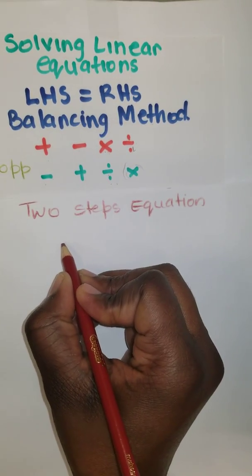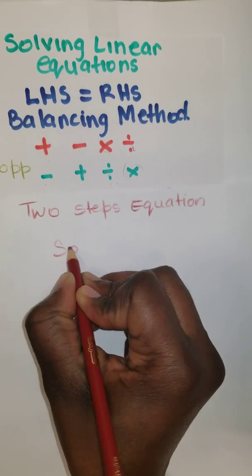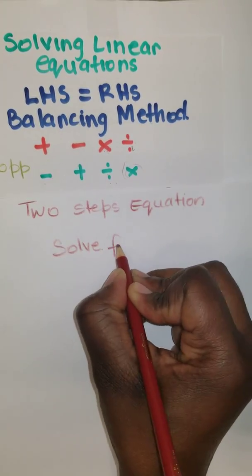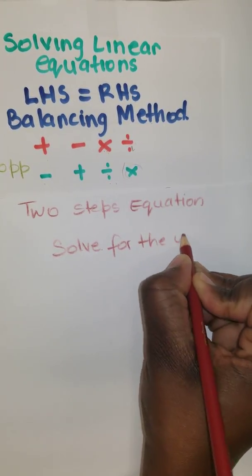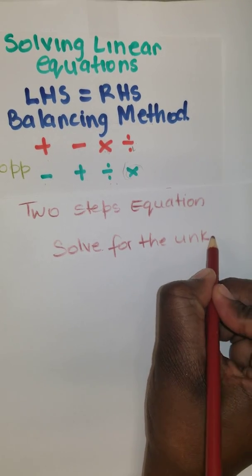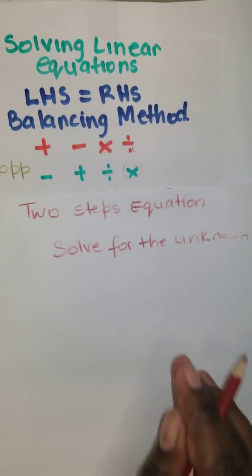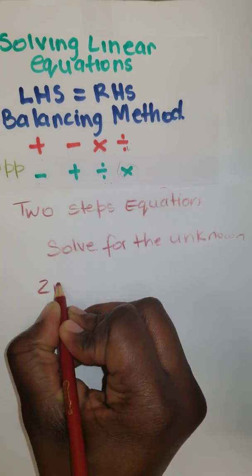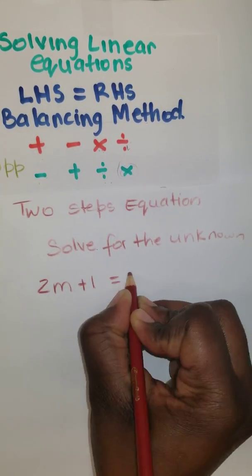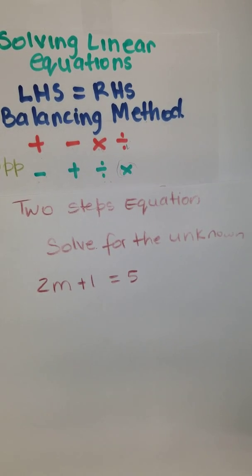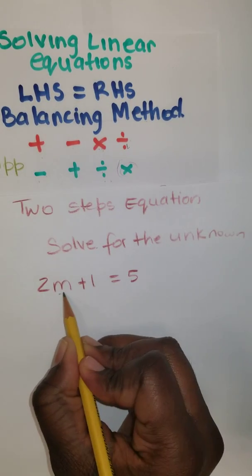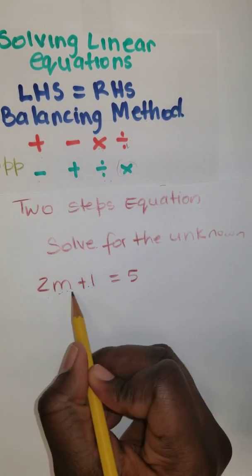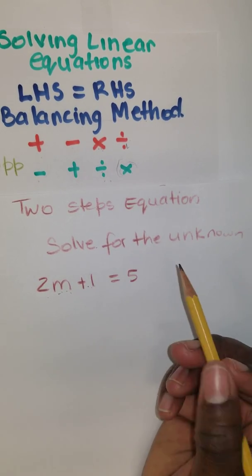So the first one is to solve for the unknown. 2m plus 1 is equal to 5. Here we have two terms, 2m and we have 1, a positive 1.